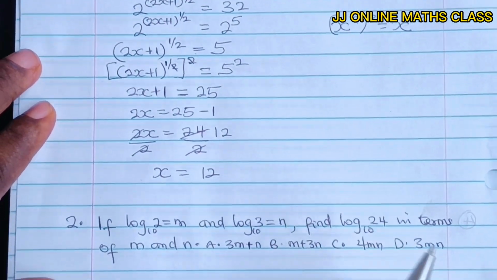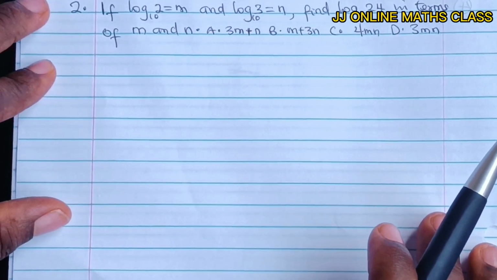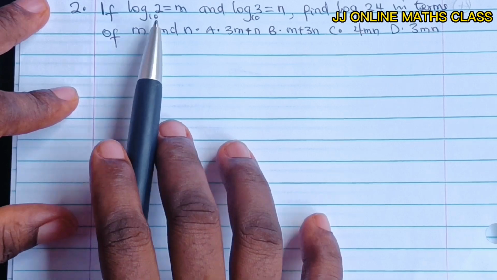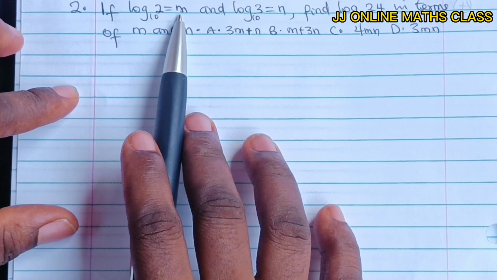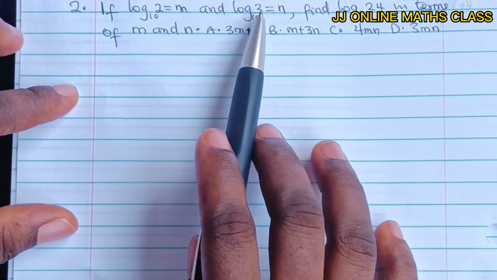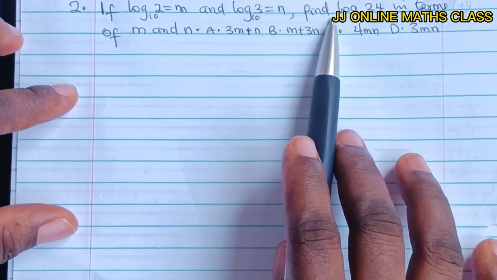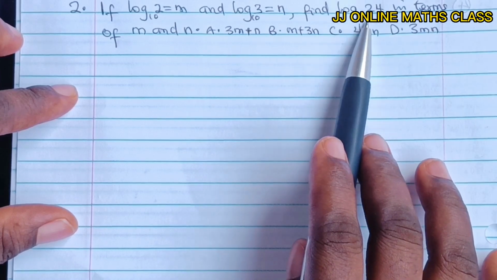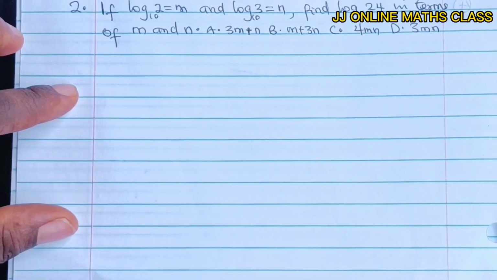Now let's solve the next question, which says, if log 2 base 10 equals m and log 3 base 10 equals n, find log 24 base 10 in terms of m and n.